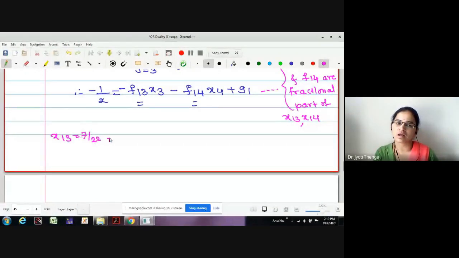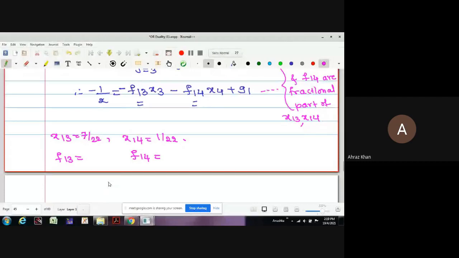What are the fractional parts of both the values? Is it audible?